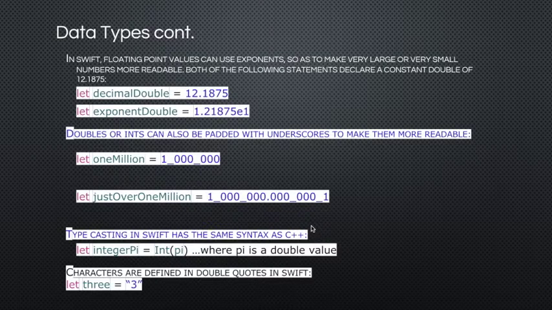That makes for some extra readability, and that'll be kind of a theme in Swift. They try to make it more readable. Down here, this is just explaining that values are promoted, and it works how you would expect in C++.